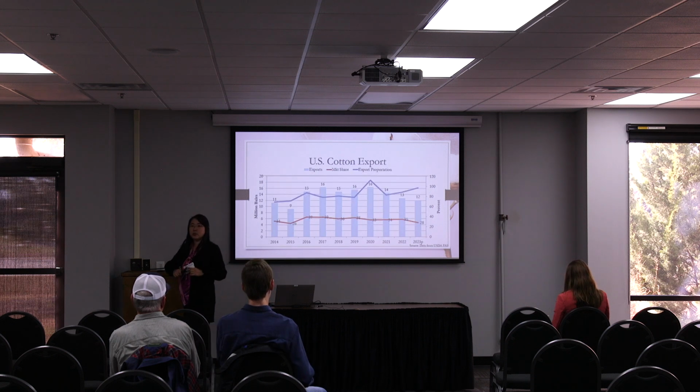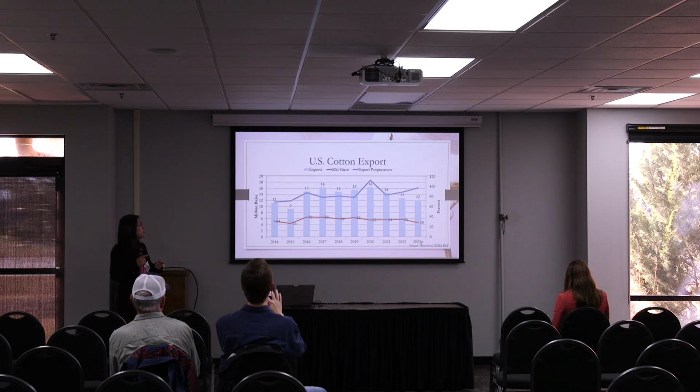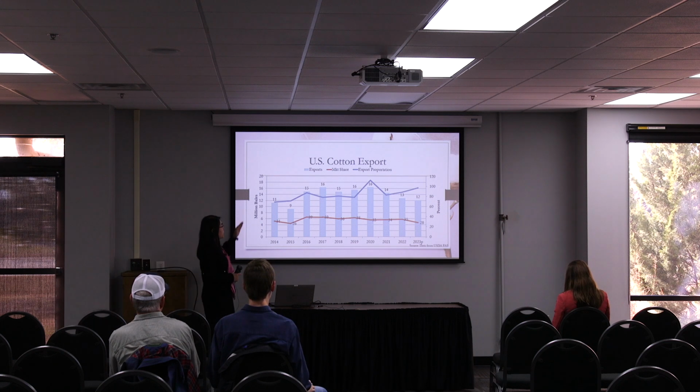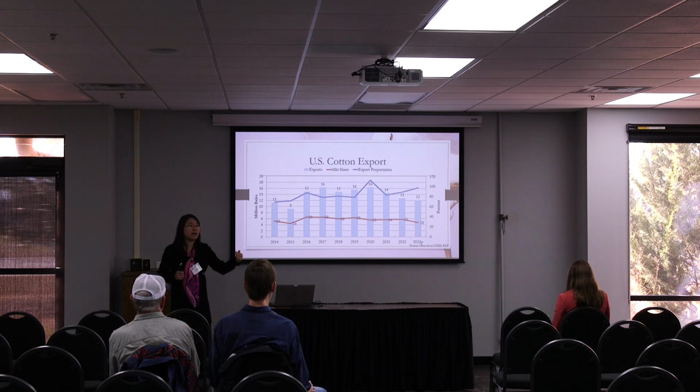This shows the total U.S. export and export market share globally, and also export as a proportion of total U.S. production. The export has been trending downward. One of the reasons is that we have had lower production for the past several years because of weather challenges. When we have lower production, we tend to export less.